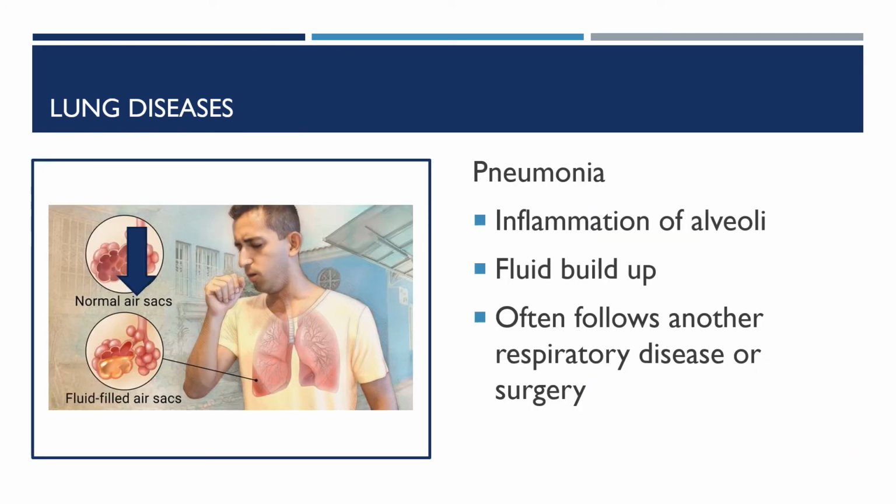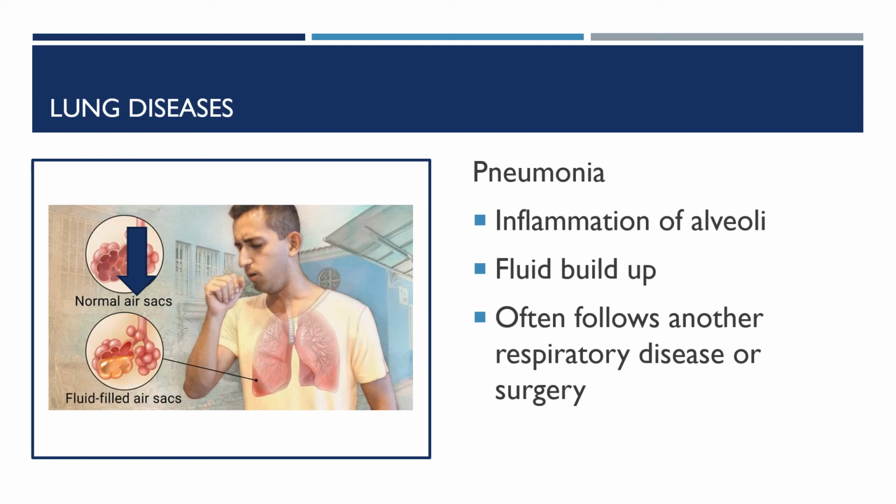Another very common lung disease, pneumonia. Pneumonia is a lung disease that has two parts to it. One, the alveoli become inflamed, so something caused them to become enlarged, inflamed, and it's accompanied by a buildup of fluid in the alveoli.